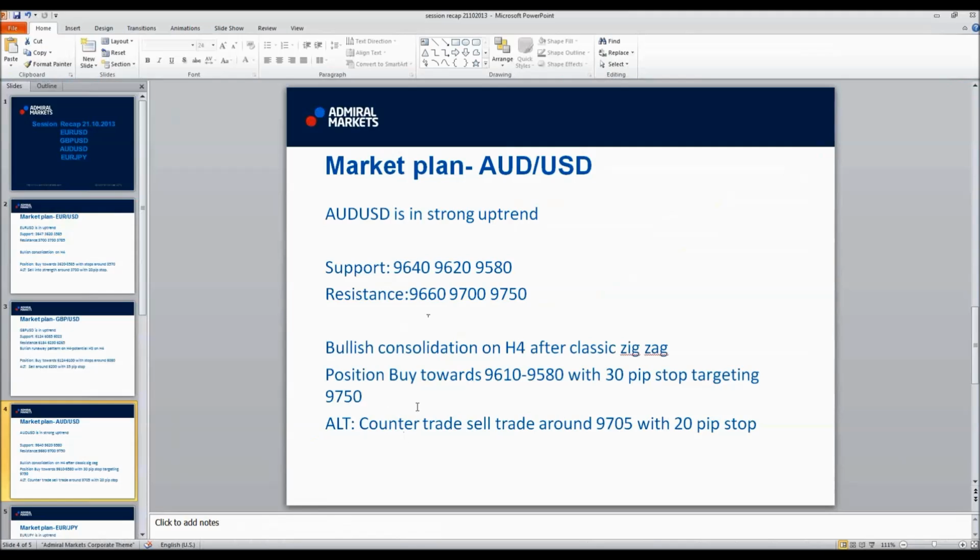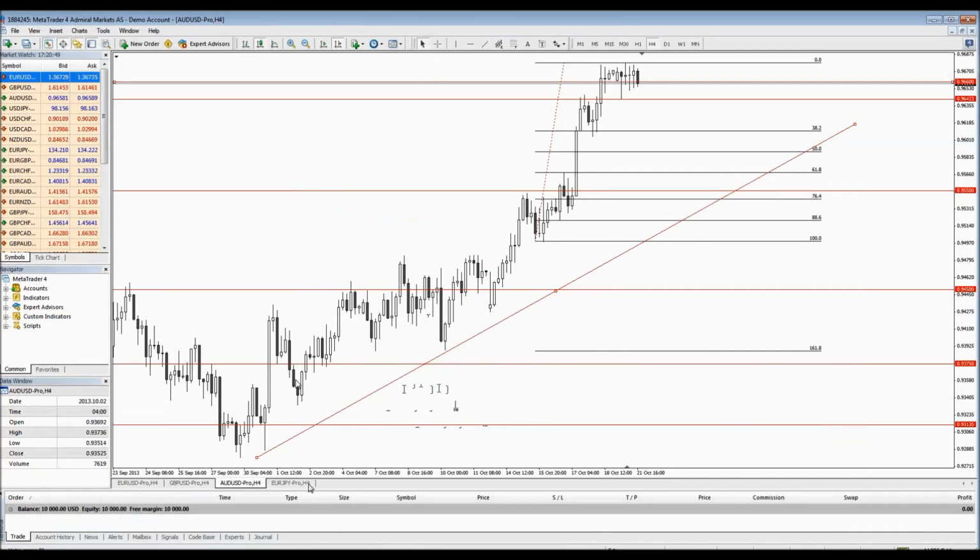We also have positional trade towards 96.10 or 95.80 with 30 pip stop targeting 97.50. That means we want to see it around here. 38.2 retracement. It also basically crosses this channel.